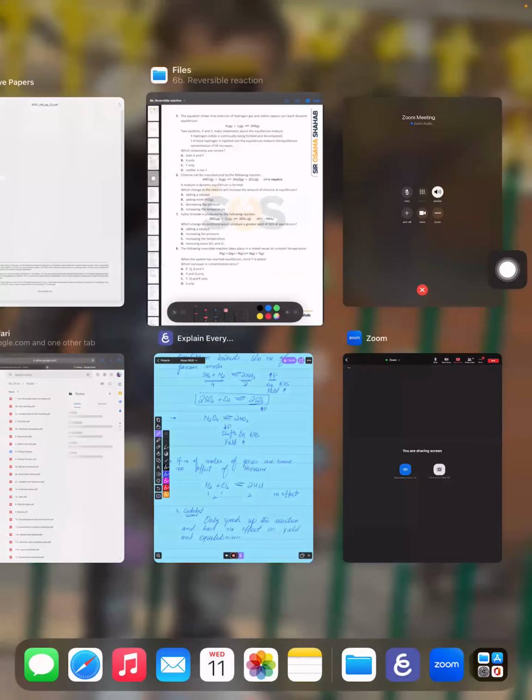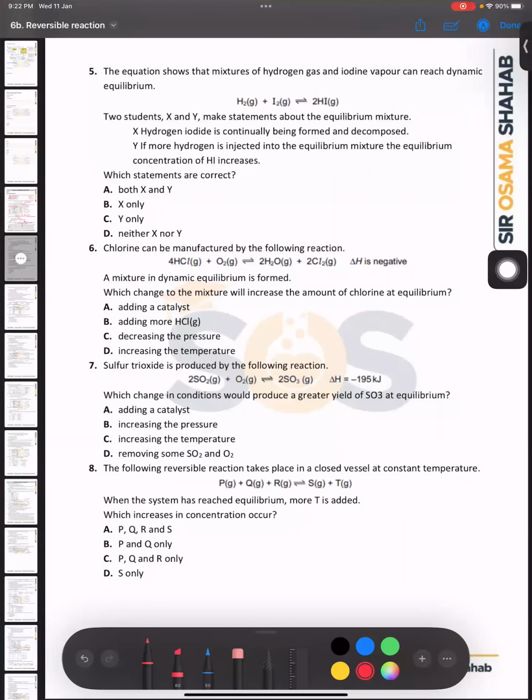So we can see this over here, but in question number 5, what they are saying is the equation shows that the mixture of hydrogen gas and iodine vapors can reach dynamic equilibrium, and the equation is given to us, right? And two students X and Y make a statement about the equilibrium mixture. Student X says that hydrogen iodide is continually being formed and decomposed. This is the correct thing.